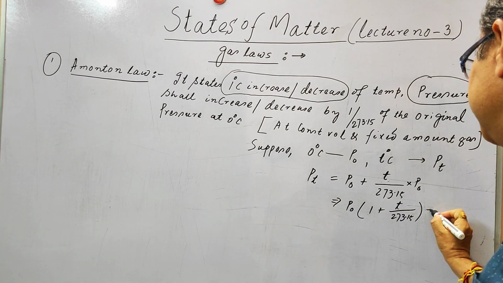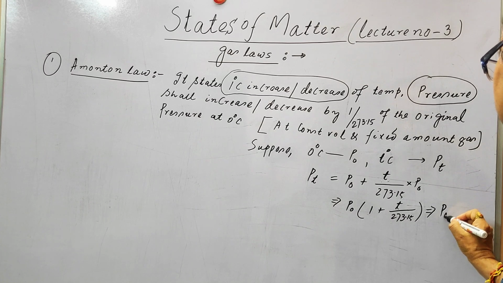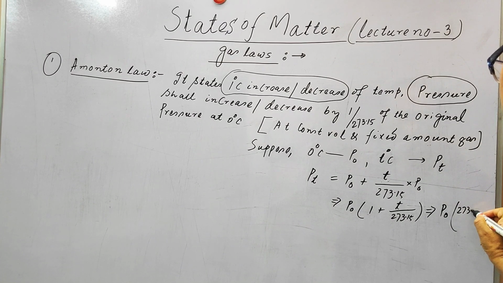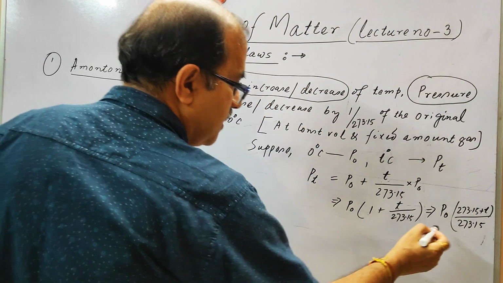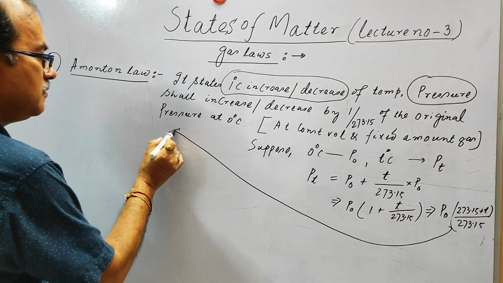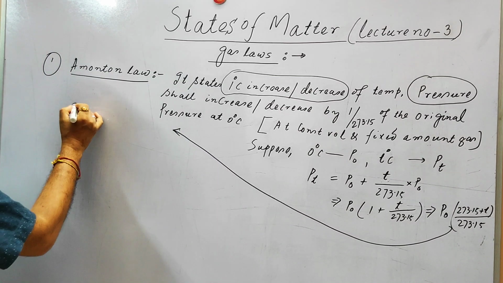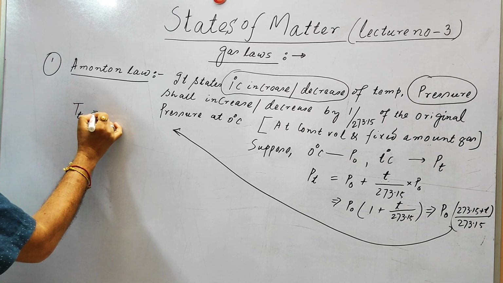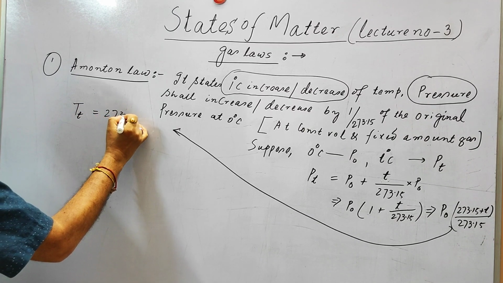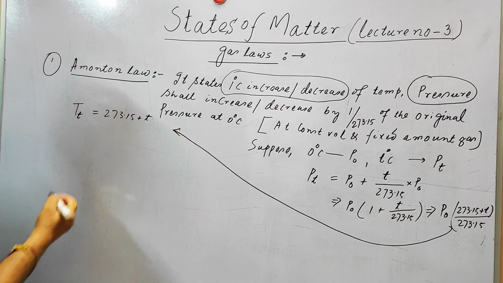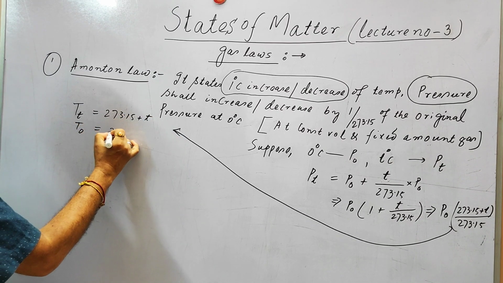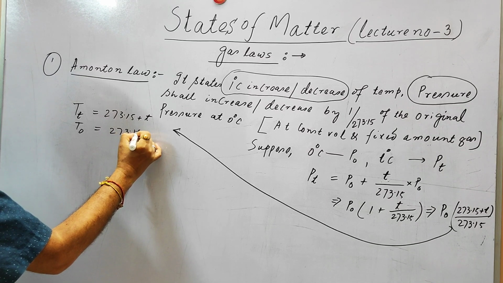and this can be further written as P0 into (273.15 plus T) by 273.15. This relationship can be further expressed this way. We know that in the Kelvin scale, 273.15 plus T is T, and T0 is equal to 273.15.